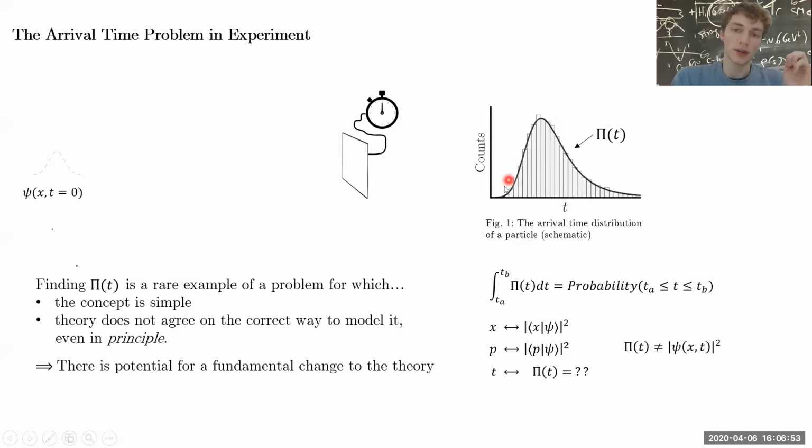Of course, in order for pi of t to have a probability interpretation, you have to normalize the histogram first, so that the area sums to 1.